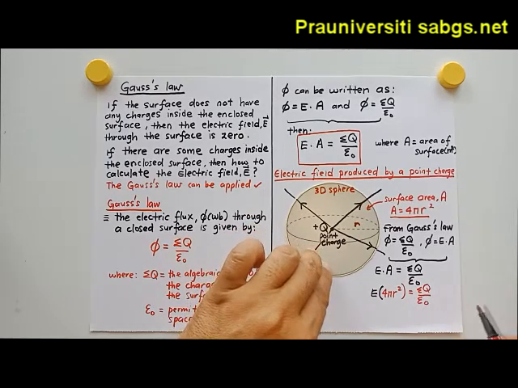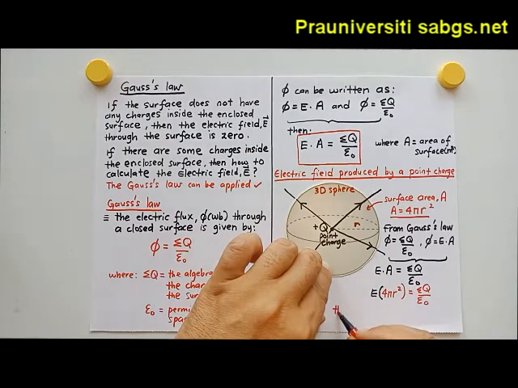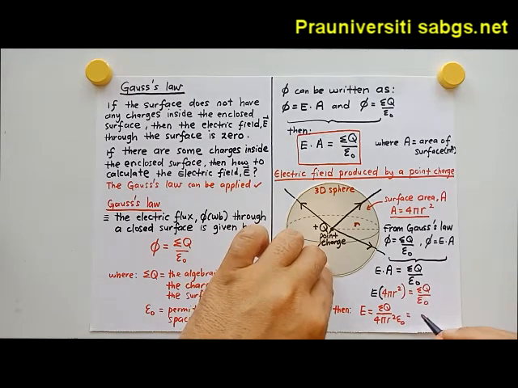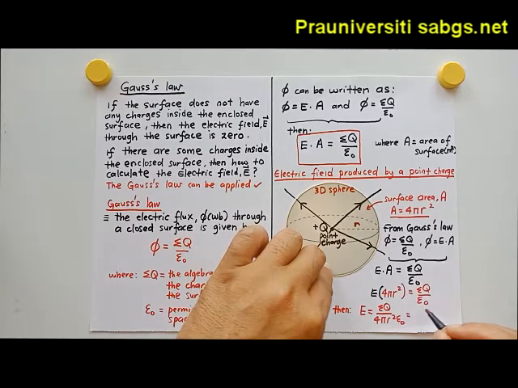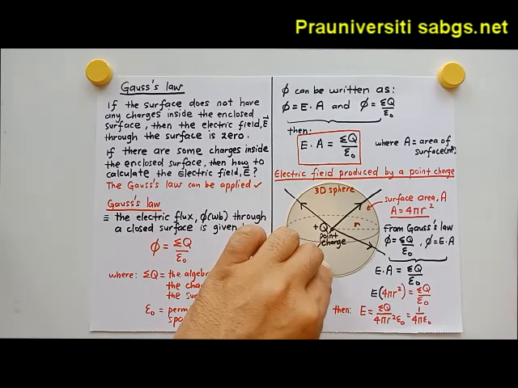Therefore E is equal to the total of Q over 4 pi r squared epsilon naught, and we arrange the equation as 4 pi epsilon naught.